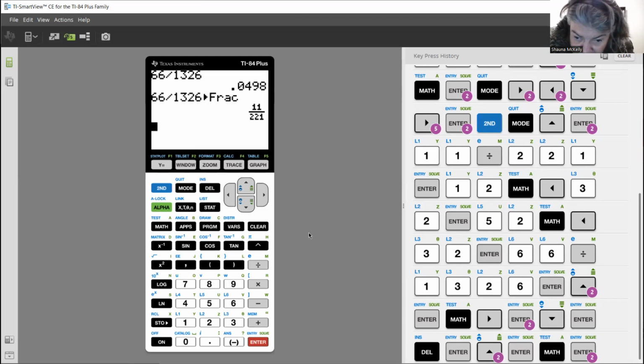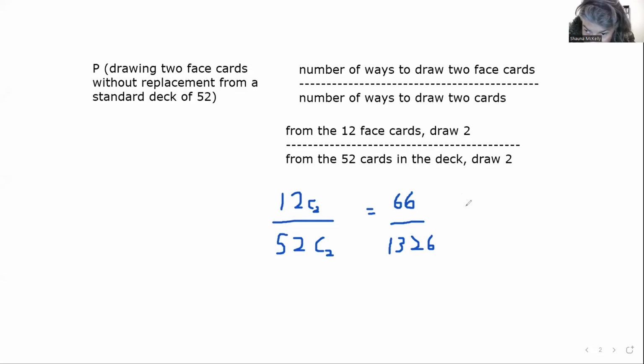Okay, so I hope that this has been informative for you. Hope that you understand the problem a little more. This is going to be 11 out of 221. Okay. And then you have the same technique that we had before.